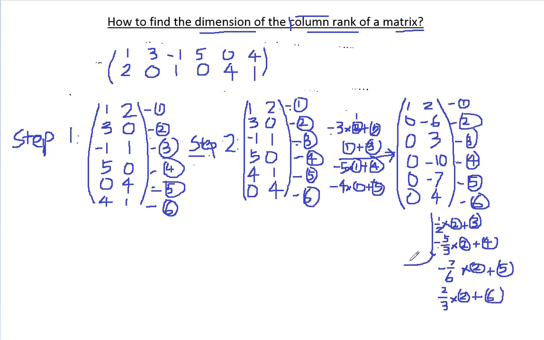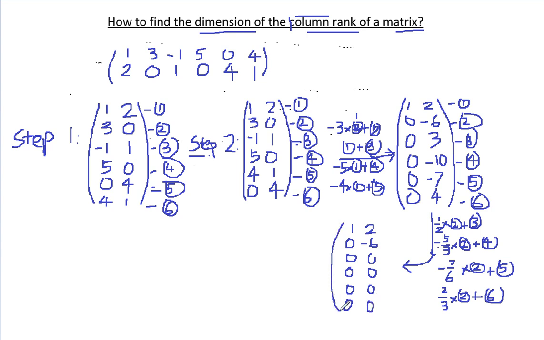From here, the first row will not be disturbed, and the second row also. Now all of these will go to 0, so it will be 0, 0, 0, 0, 0, 0, 0, 0.